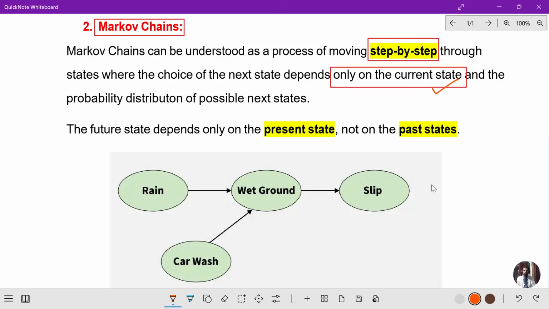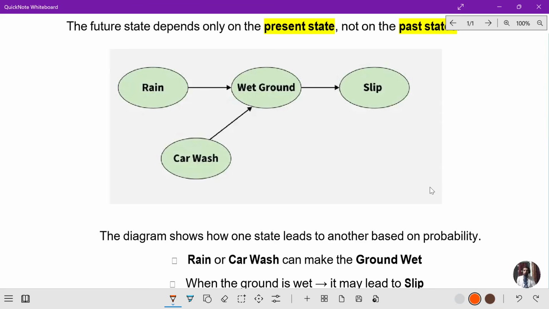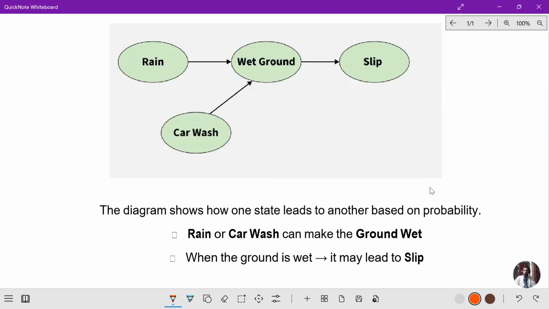In order to better understand this Markov chain, we have a diagram on the screen. You observe here the diagram consists of 4 states. First state is rain, second state is car wash, third one is wet ground and fourth one is slip. What is the meaning of this diagram? This diagram shows how one state leads to another based on the probability.